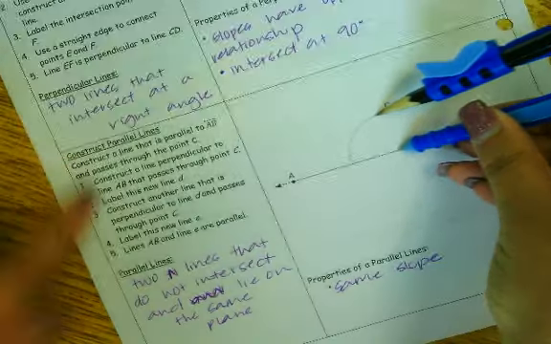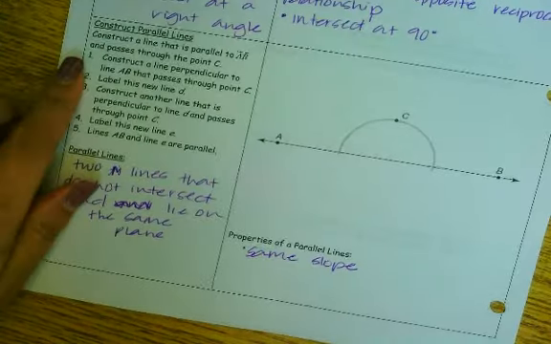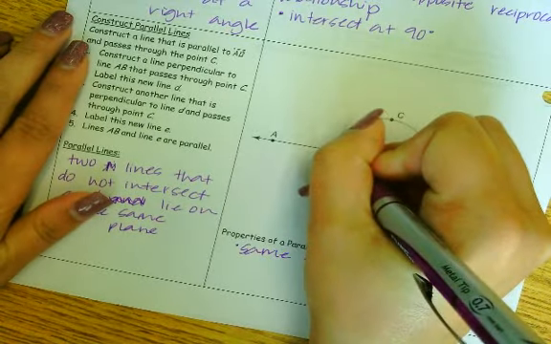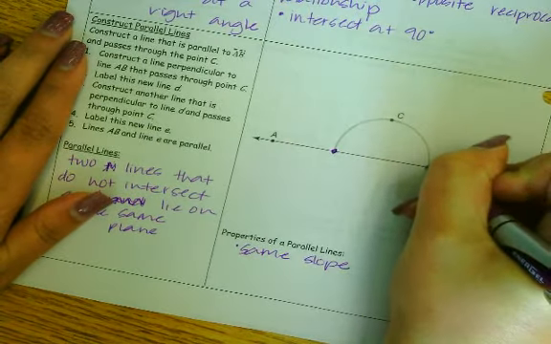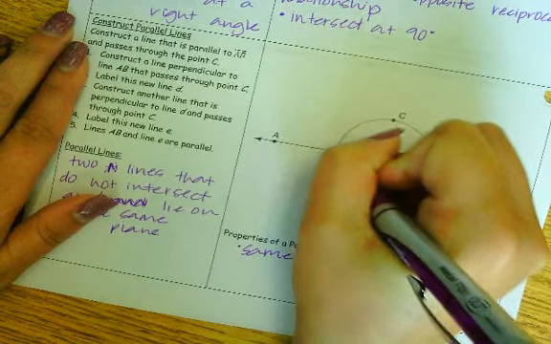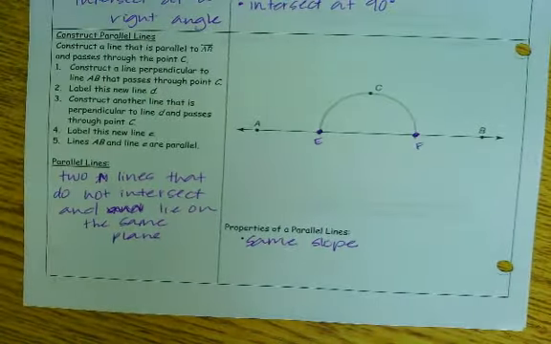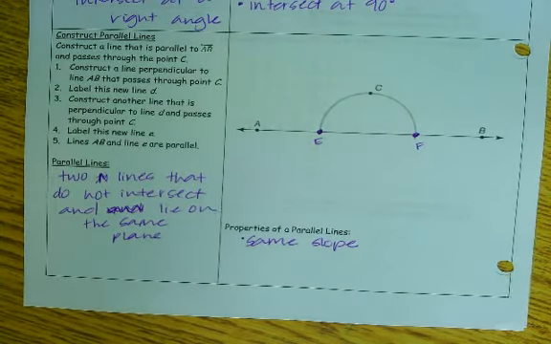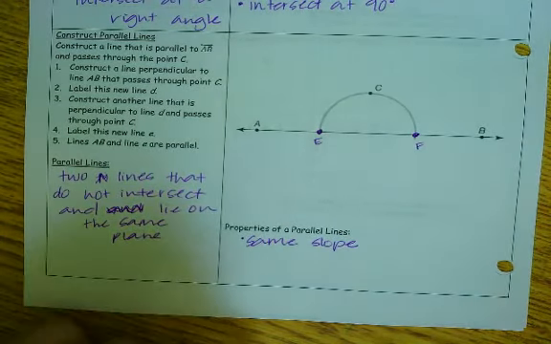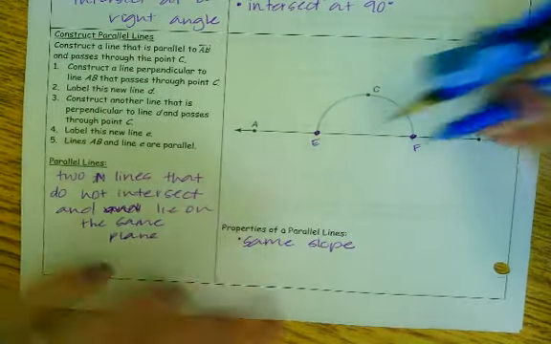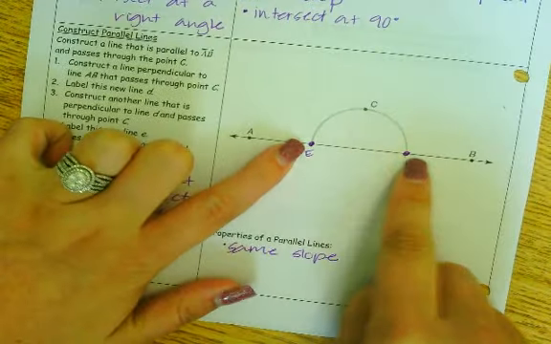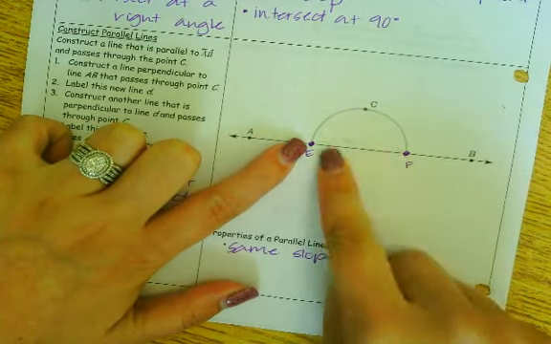So I'm going to draw my arc, making sure it goes through C. Okay, I have two new points of intersection. This time we don't have a point on our line, so you just have to eyeball it and go greater than halfway.